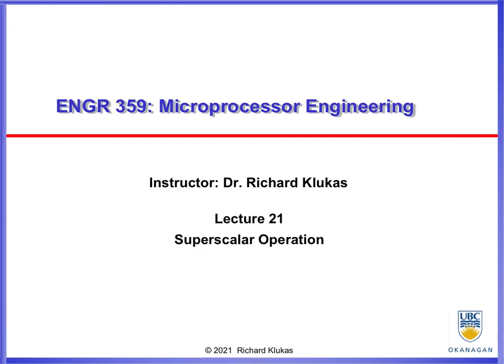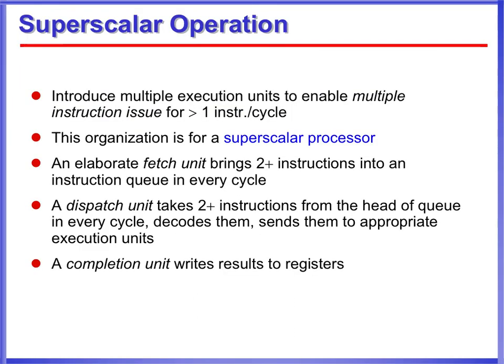Okay, let's look at the very last topic, which is pretty short, called superscalar operation. Again, there are a lot of optimizations that have been done to computers that we don't have time to look at, but this is the next one in the evolution. So we've got this 5-stage pipeline.